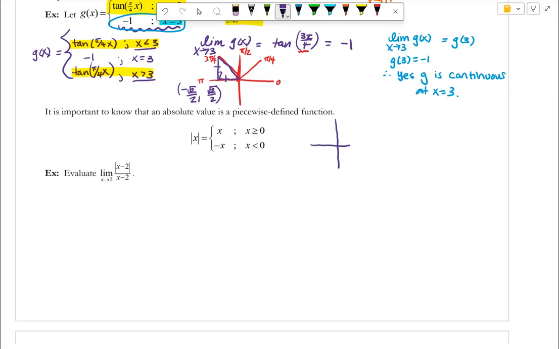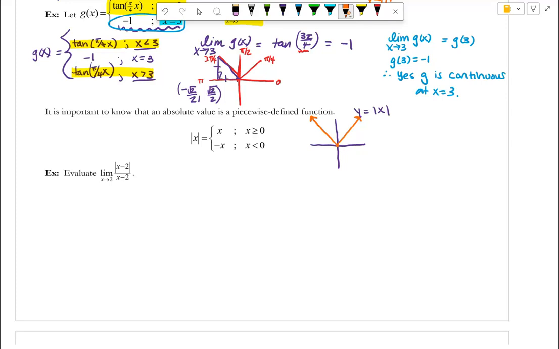So for example, if I were to just graph y equals the absolute value of x, well, I know that on the right-hand side, starting at my vertex 0, 0, this is just a line with a slope of 1. But I know on my left-hand side that all of my negative x inputs become positive y outputs. So I have a line with the slope of -1.